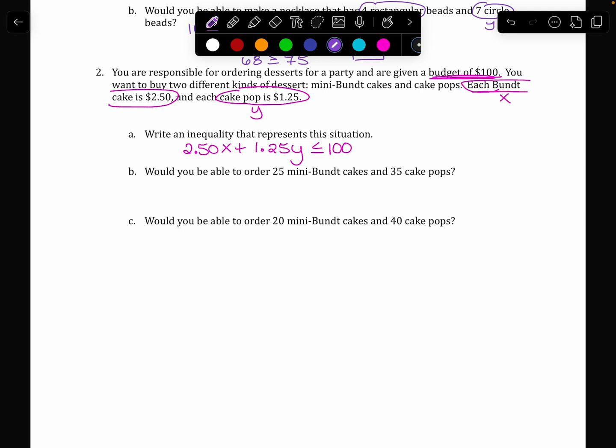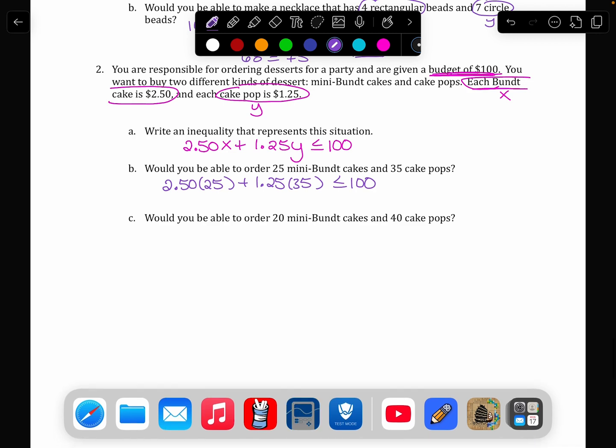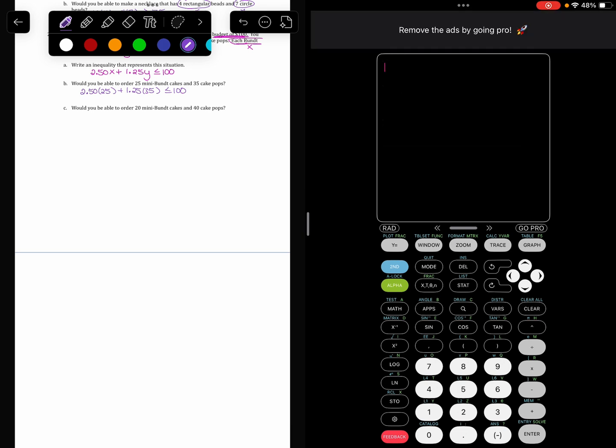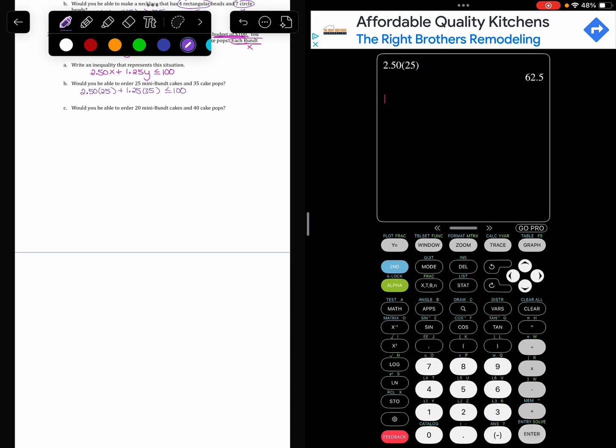Would I be able to order 25 mini bundt cakes and 35 cake pops? Let's check it out. $2.50 times 25 plus $1.25 times 35. And that should be less than or equal to 100. I am going to pull up my calculator for this because that's too much math to do in my head. Okay, so we've got 2.50 times 25. That is 62.5.